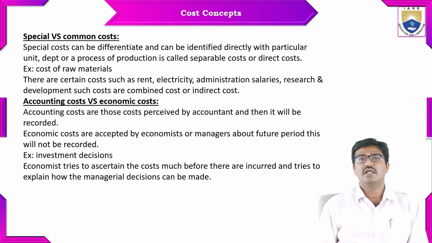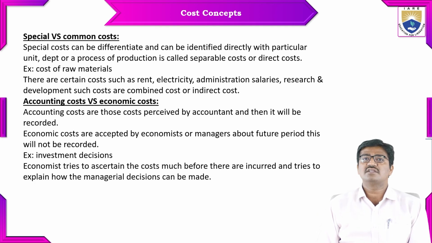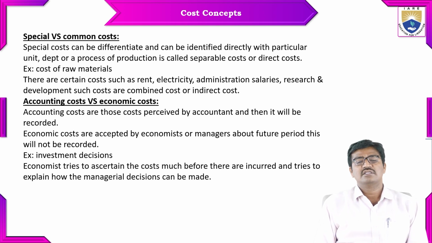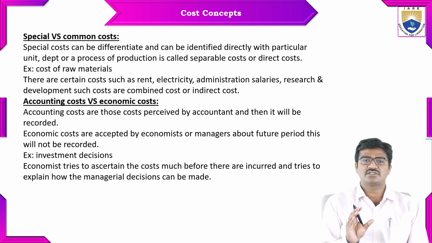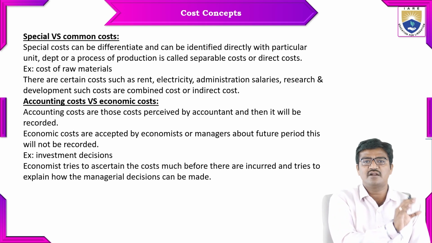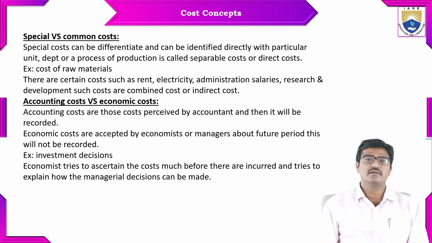Next one, special costs versus common costs. Special costs are those costs which you can easily identify. These particular costs are related to a particular product or department. Those are called special costs.